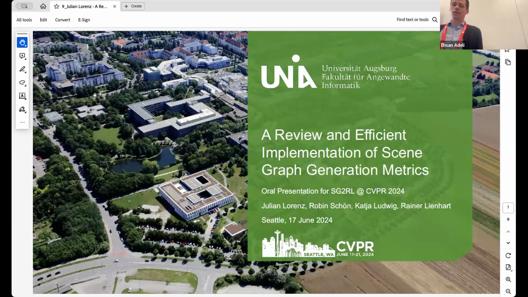The other thing is that when you're a researcher on scene graph generation and you want to evaluate your results, you have to use some way to evaluate them, right?